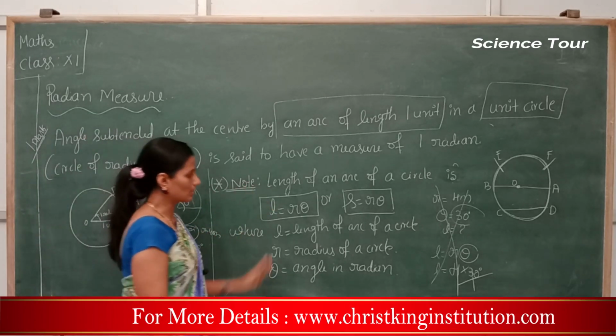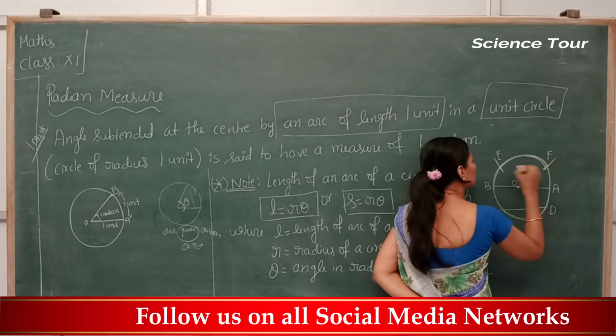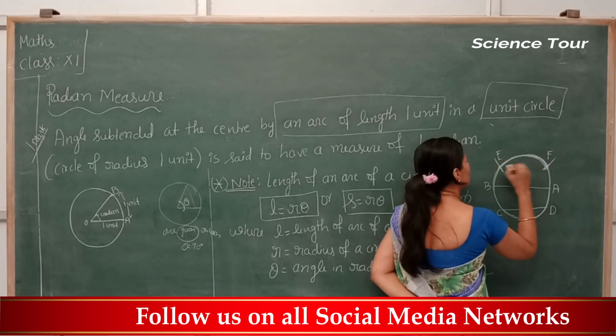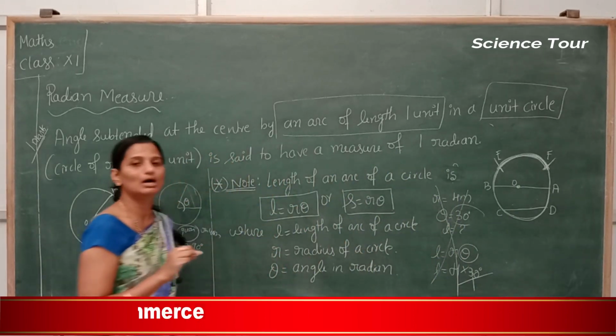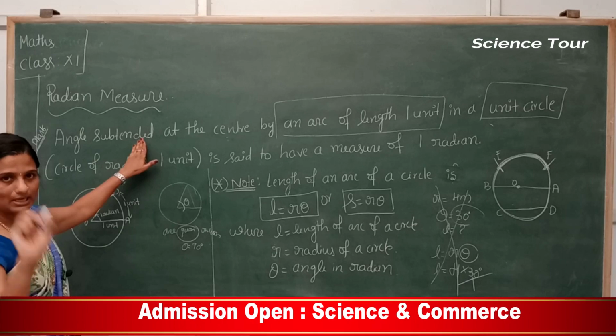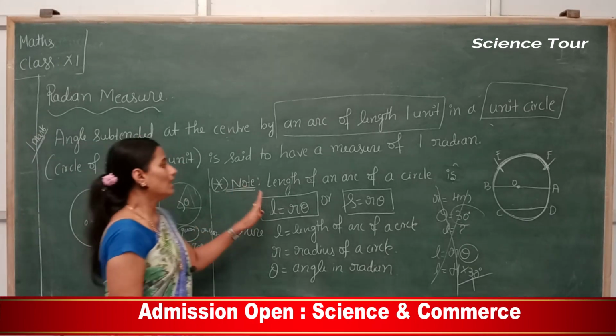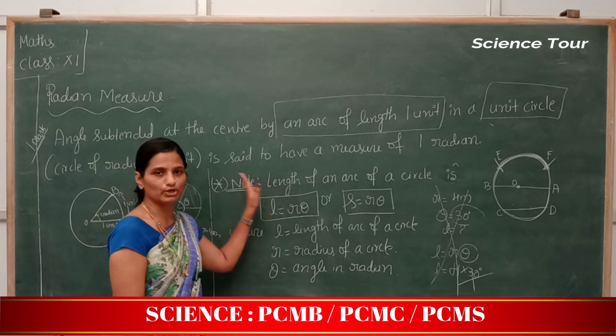So length of arc, you already know what an arc is. How to calculate its length? L is equal to r theta. Important here are: define 1 radian, a 1 mark question, and problems on length of arc of a circle, which are very important and definite questions.